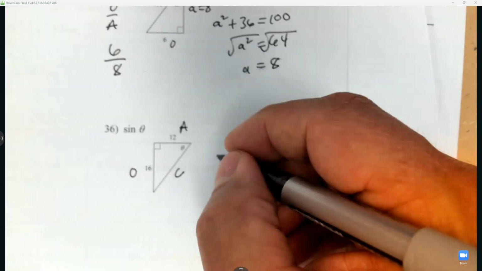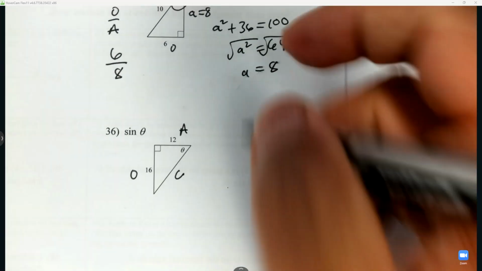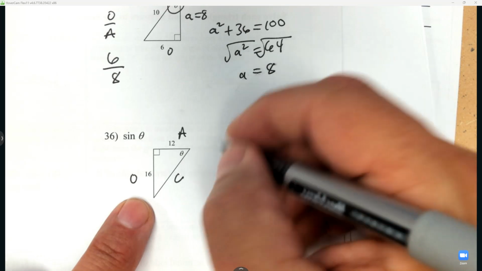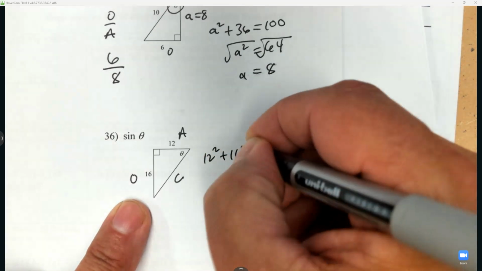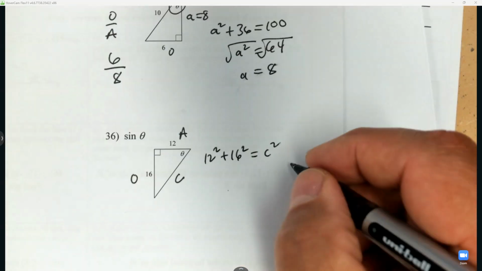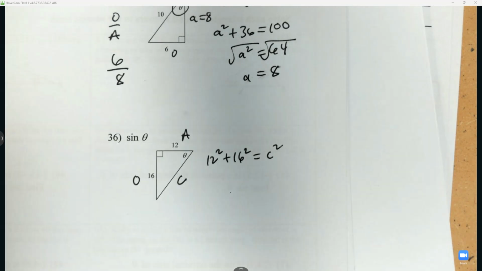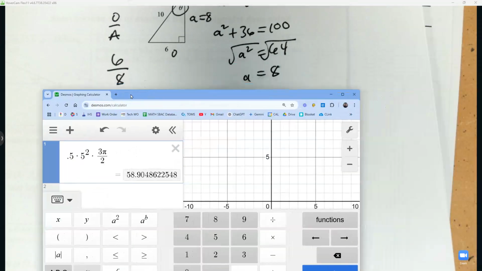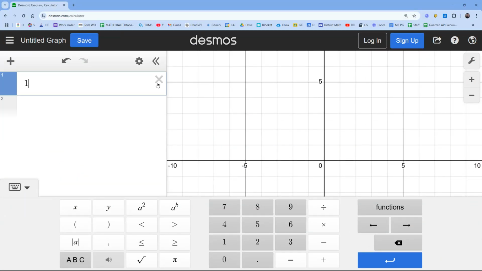So this one I do need to use the Pythagorean theorem. The setup to find this: we take those two legs and square them, equal to the hypotenuse squared. We can use our calculator. I know the numbers are a little bit big. So we have 12 squared plus 16 squared.